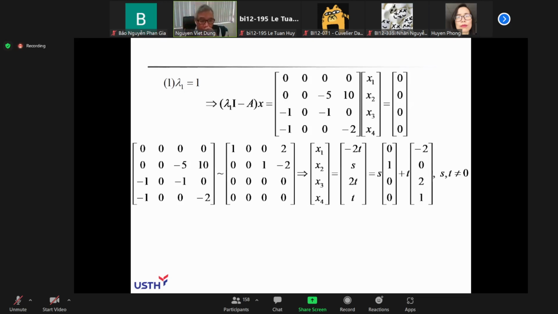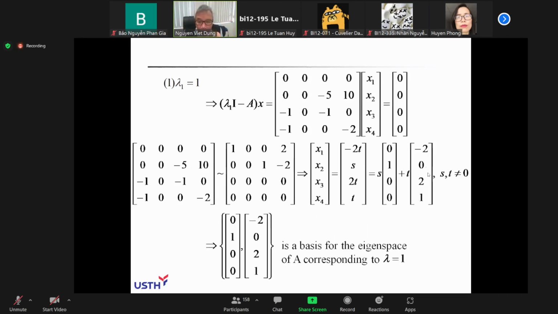Because we first want to find the eigenvector, we require s, t are non-zero. Then those two vectors are linearly independent, so they make a basis for the eigenspace of A corresponding to lambda equals 1. That is the first thing.